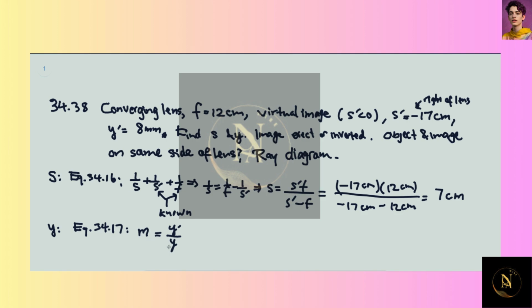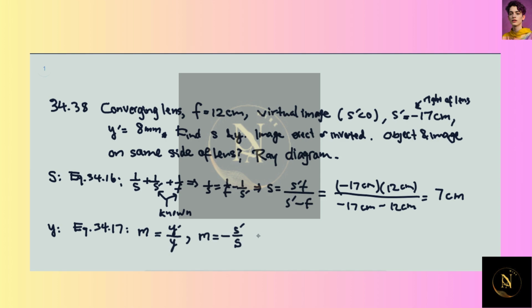But we don't know m, however we do know y prime, and we don't know y, so this doesn't seem like enough to give me what I need. But there's a second part to this equation where the magnification is also equal to the negative of the image distance over the object distance. S and s prime are both known, therefore I can readily determine m. Once I know m, I can rearrange things in this equation to solve for y.